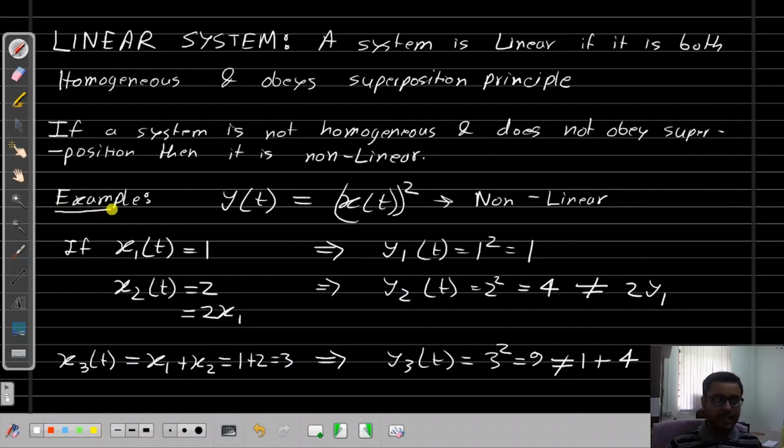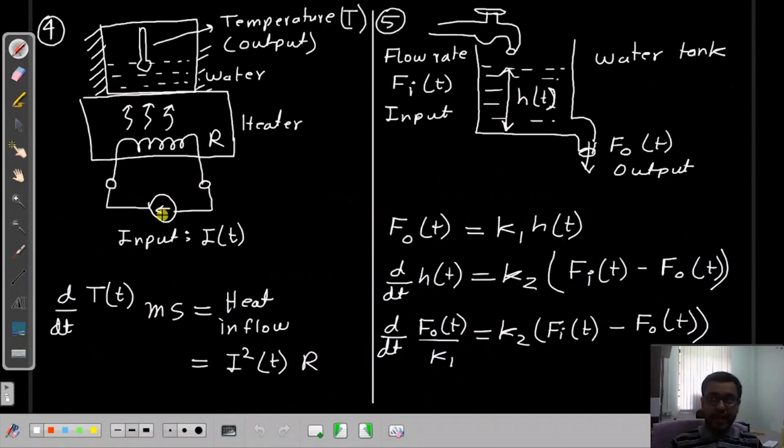So therefore this is an example of a non-linear system. We have previously seen such an example. Consider this water heater where the current to the heater is the input and the heat generated depends on I squared R, and temperature change also depends on the heat, which is proportional to I squared. Therefore this was a non-linear system.